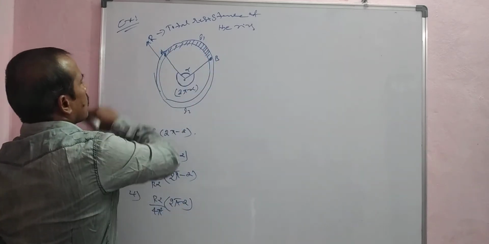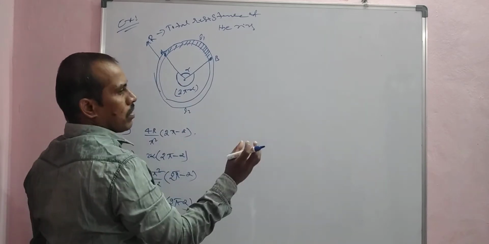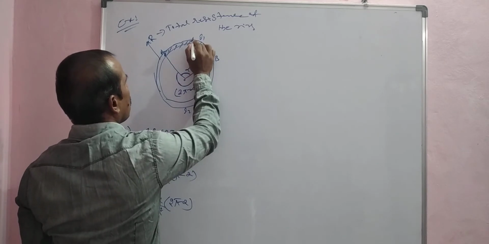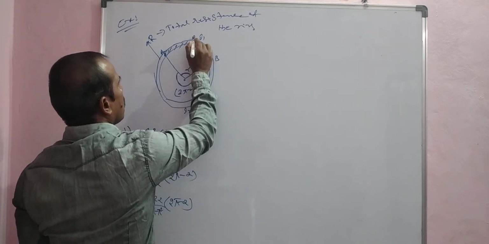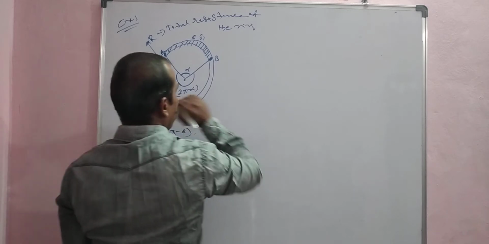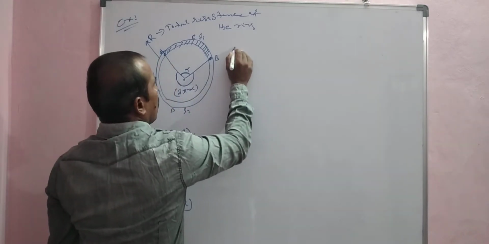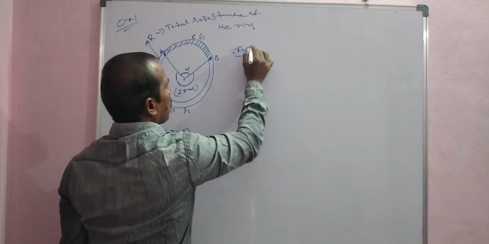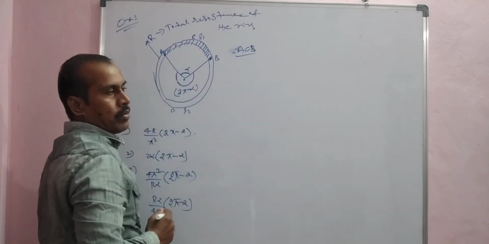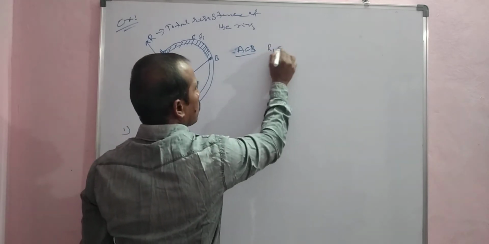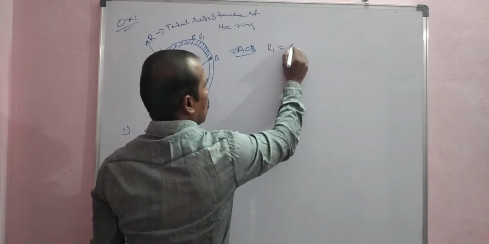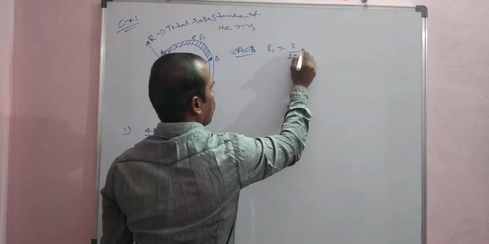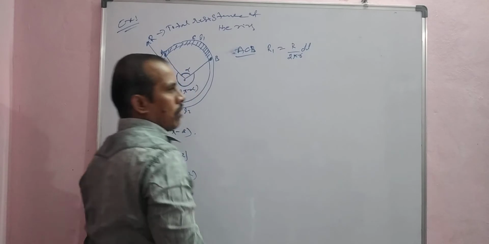The total resistance of the portion AB, for example A, C, B, the ACB portion.